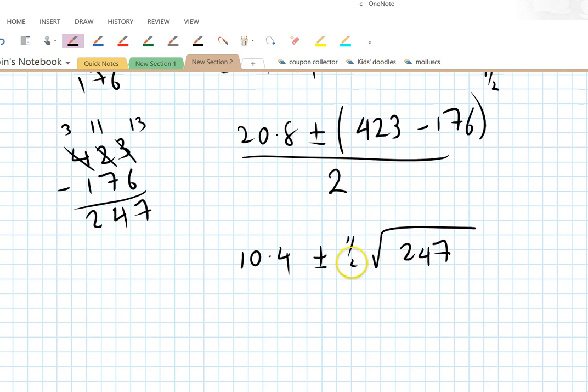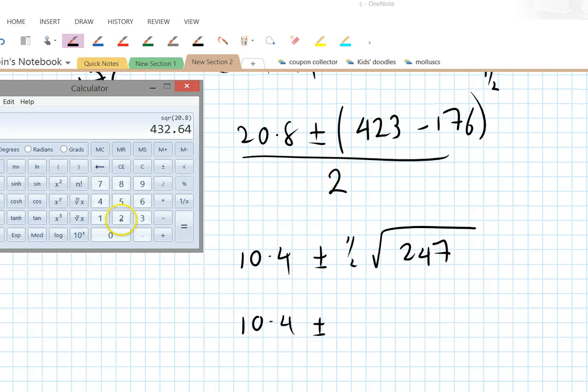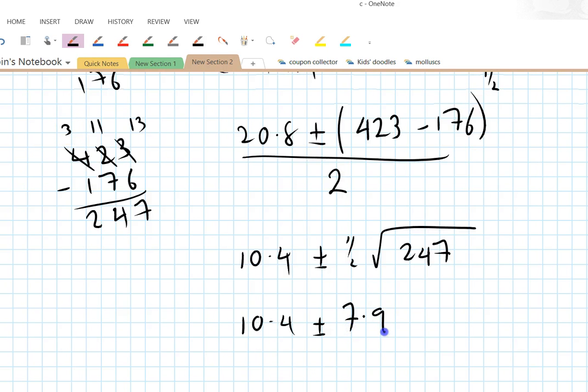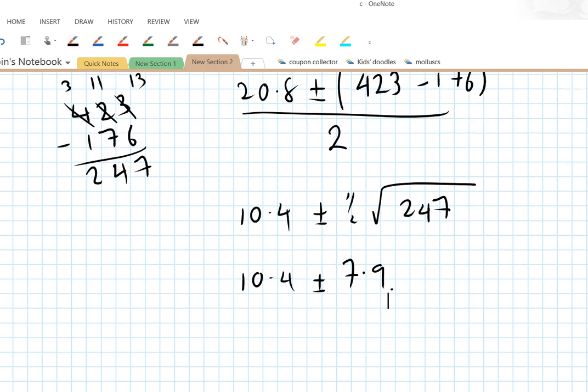Sweet. Well, let's work out what this is. It's 10.4 plus or minus a half of the square root of 247, which I can't quite work out in my head. The square root of 247 is 15 point something, and we need a half of that, so I'll divide by 2, and that comes out to be 7.9, let's say. Okay, so we've got two solutions.